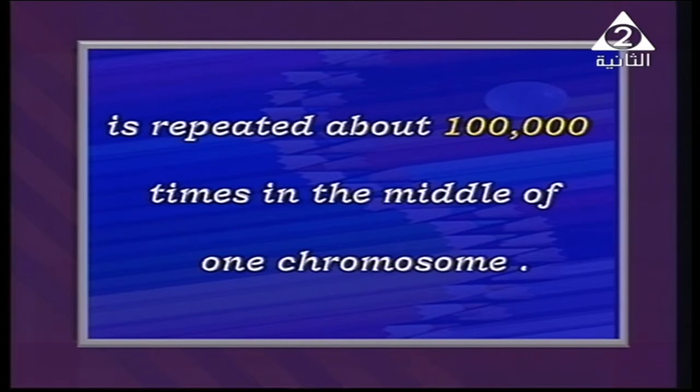In the fruit fly Drosophila, this sequence repeats about 100,000 times in the middle of just one chromosome. Imagine how many times this repetitive DNA is repeated in the other chromosomes of just one living organism.